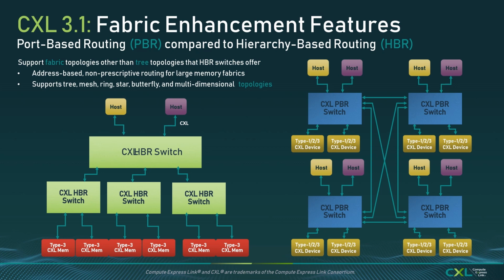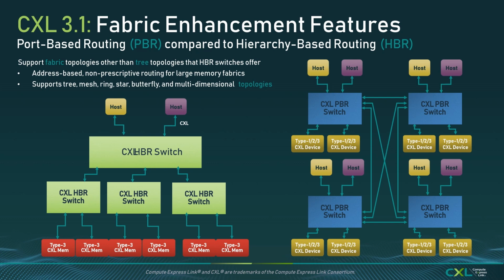When we go to the picture on the right, we have PBR switches, and you'll see that in each switch in this picture, we have hosts and devices. There is still a concept of a logical tree-based topology, but the links between the switches can flow in both directions, meaning you can have a host in one switch talking to a device in the other, and that other switch can have a host talking to a device in the first switch.